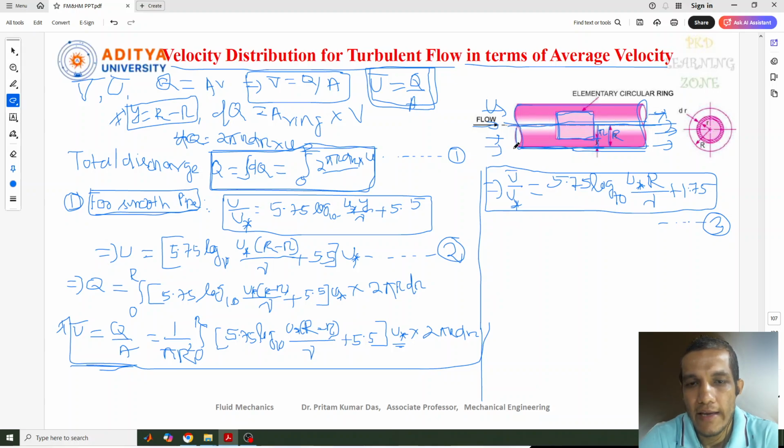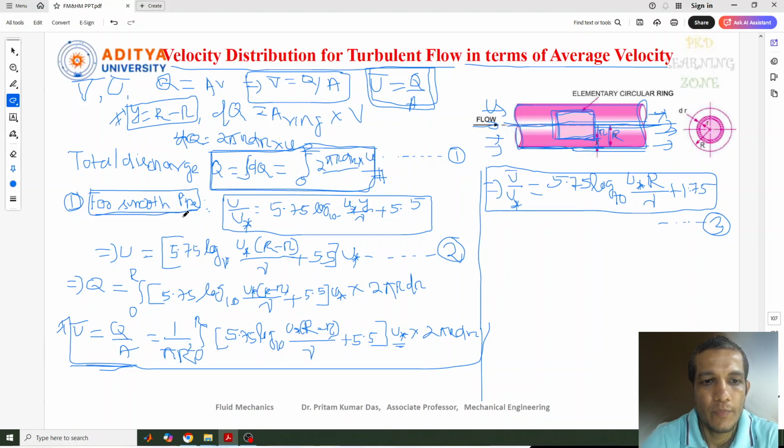We can write q equals AV. The area of this circular ring is 2 pi r dr, multiplied by the velocity of the fluid, and the total discharge equals the integration from 0 to r, that is the distance from here to here. This is the main equation, and it is applicable for smooth as well as rough pipes.